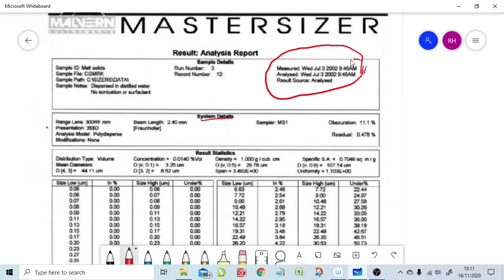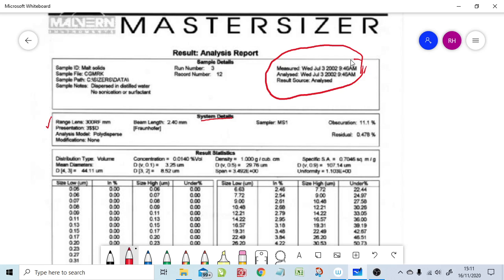One is the presentation, which is 4 digits, which are pretty meaningless to anything other than the Malvern database. This is necessary to obtain the correct values of particle size when you're down at the relatively small sizes.